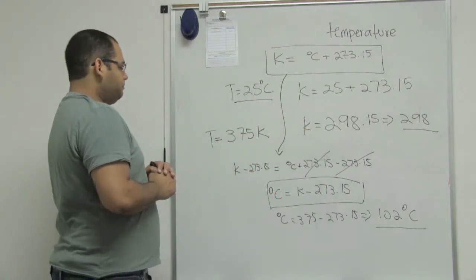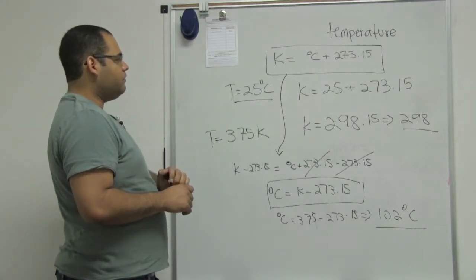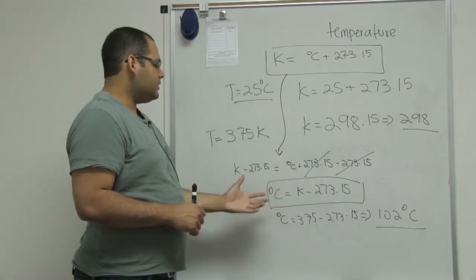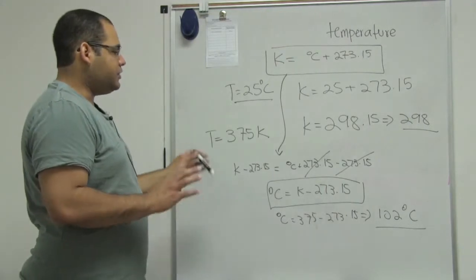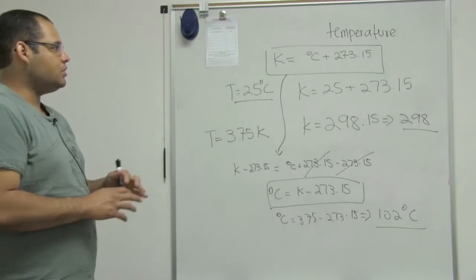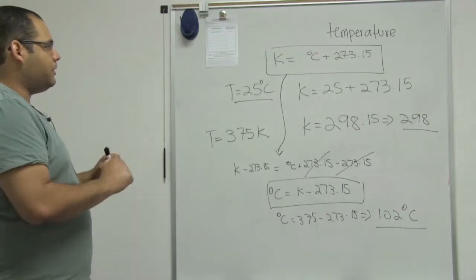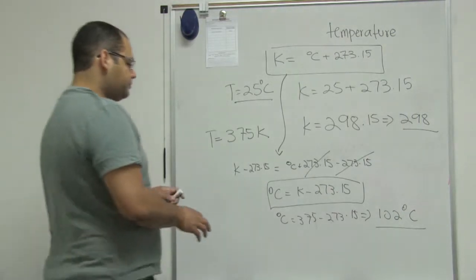If the question gives me the temperature in Kelvin, then first I need to solve my equation for Celsius. So Celsius equals Kelvin minus 273, and then I just plug in the number and I find my temperature in Celsius. It's just a straightforward relationship. It's not difficult math.